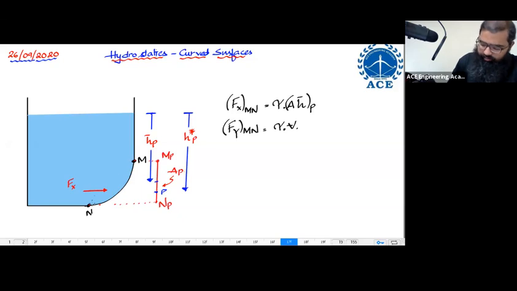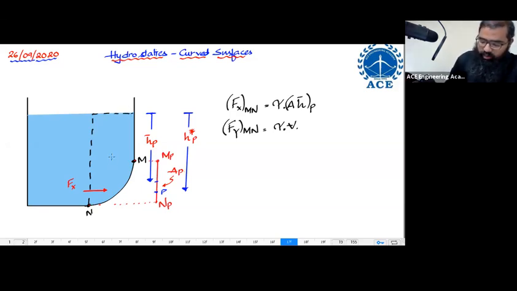Now for Fy, what should I do over here? For Fy, I'm supposed to take the volume above over here. If I take the volume above over here, then I'm going to have volume something like this. This is the volume I'm going to consider.